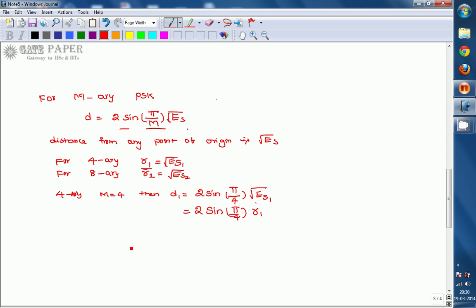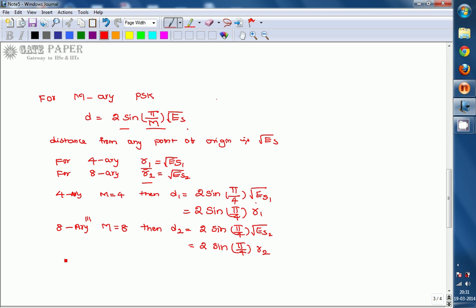This is the distance D1. Similarly for 8-ary, the M value is 8, then the distance D2 equals 2 sin(pi/8) root Es2, where root Es2 is nothing but R2. Now we'll substitute R2.